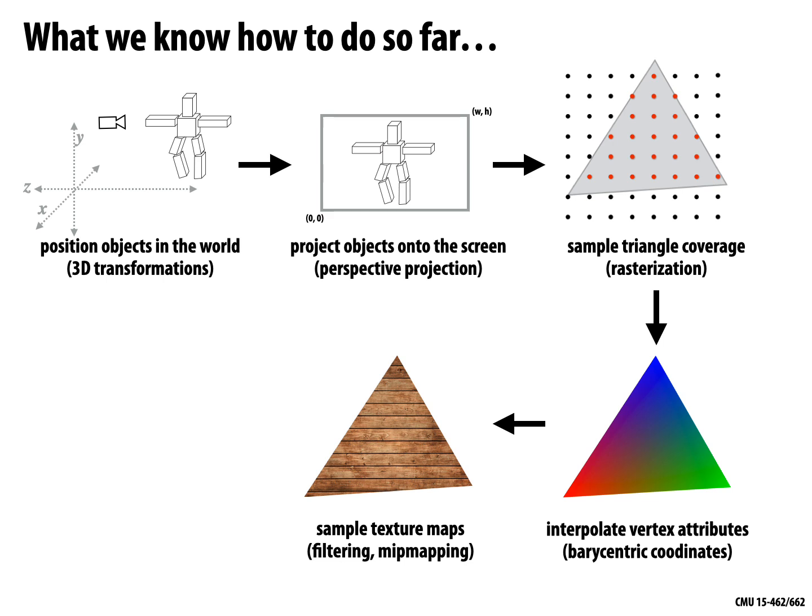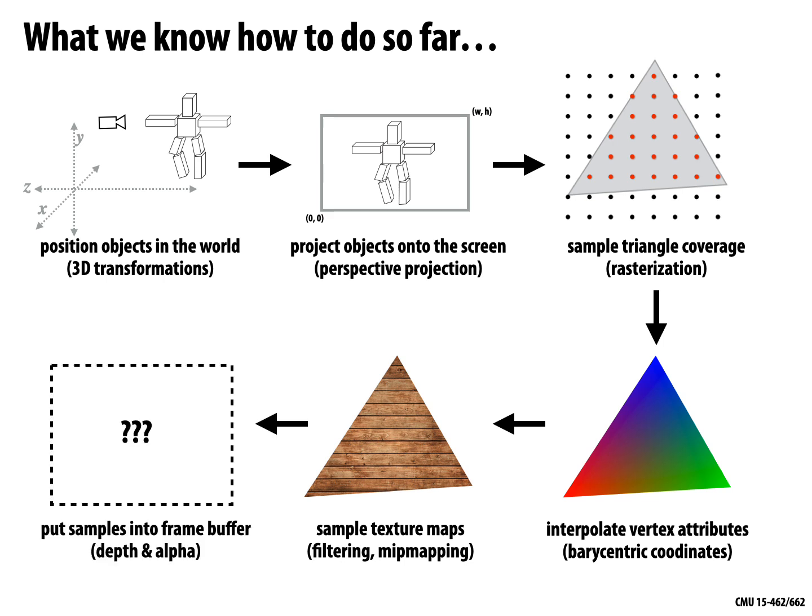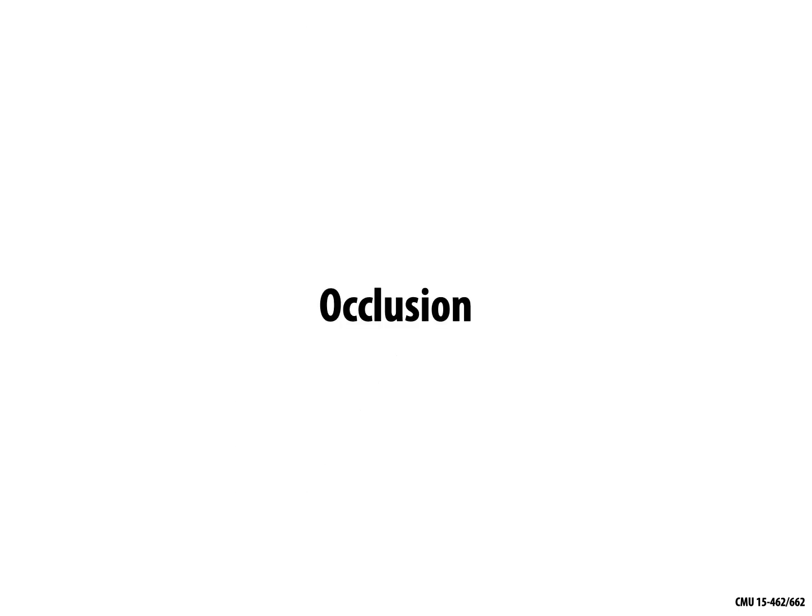And then finally, the thing we want to do today is talk about how we take those samples generated from each individual primitive and combine them into the final image while taking into account effects like depth and transparency. So let's take a look at the first of those phenomena, depth or occlusion.